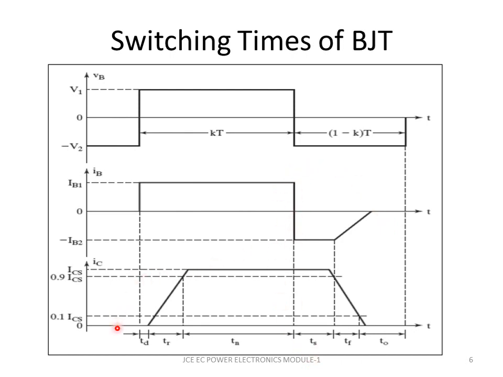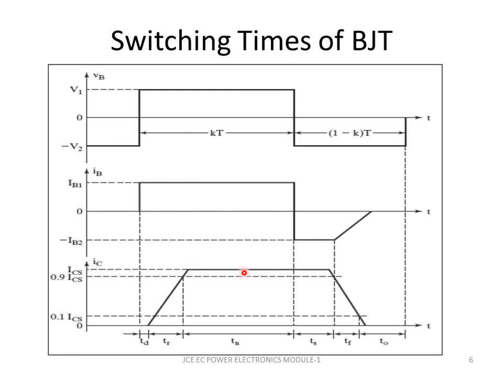One thing we have seen: during turn on, the total delay is nothing but Td plus Tr. Td is the time delay for the collector current to respond when the positive base current comes, and Tr is the rise time that is required for the current to rise to its maximum value.